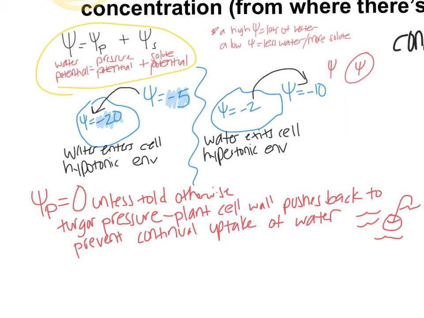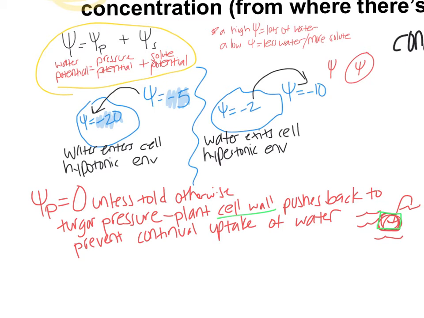So then water should continue to flow into that cell and in theory get bigger and bigger and bigger and bigger and then burst. However, we don't see that. We don't see that because plant cells have this thing called turgor pressure, which is based on the cell wall of the plant that goes around the outside of the membrane that pushes back on the cell saying, stop taking in water.